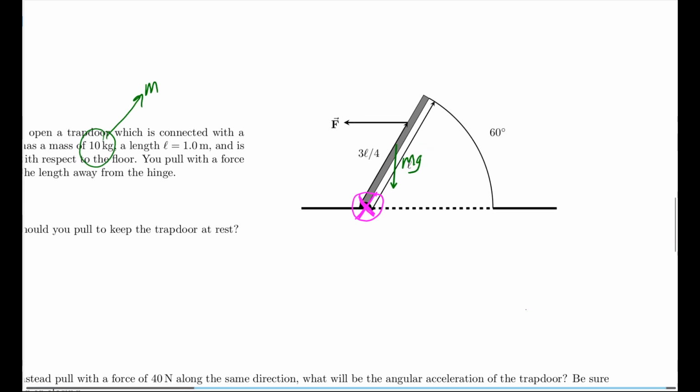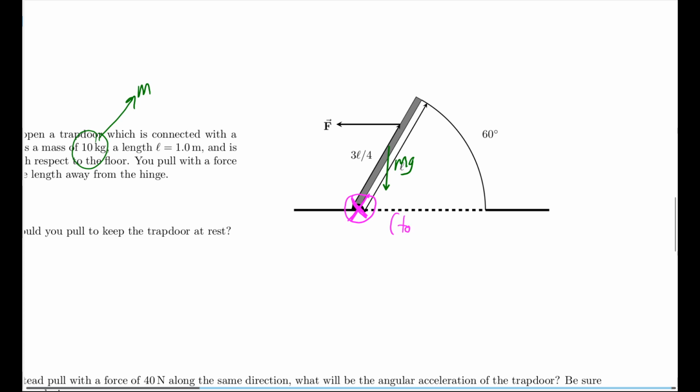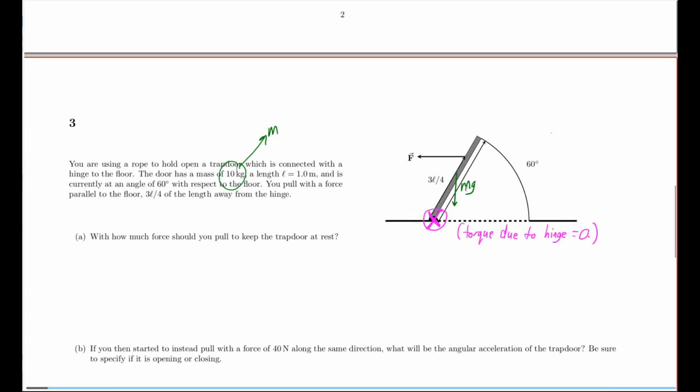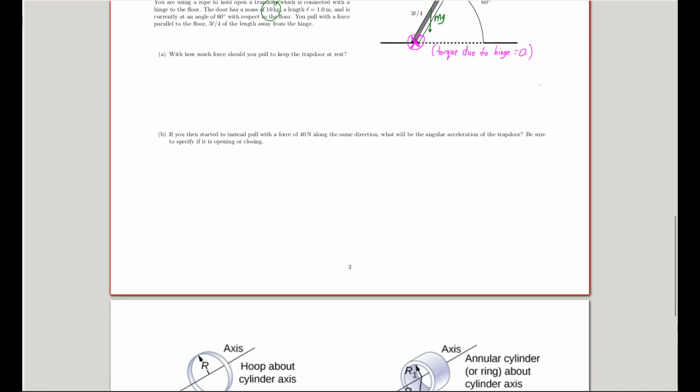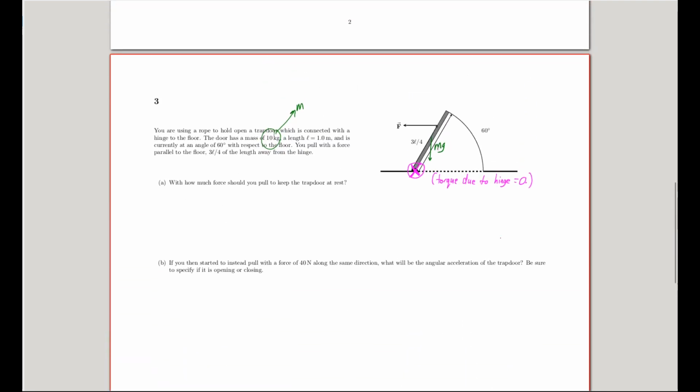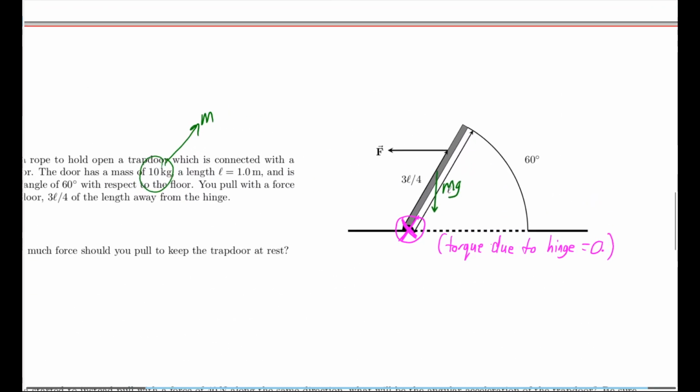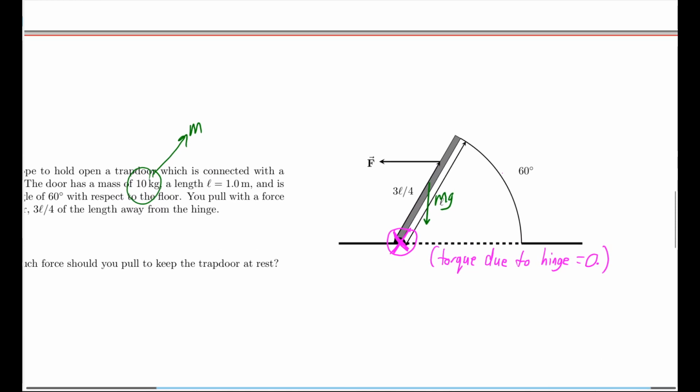So I can say the torque due to the hinge equals 0. We never need to think about that force in this problem. If we were asked about it, we would need to worry about it. So let's see.